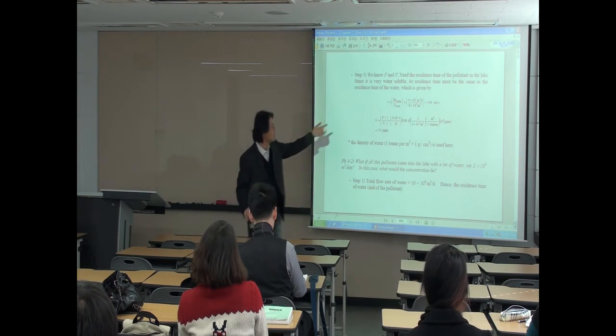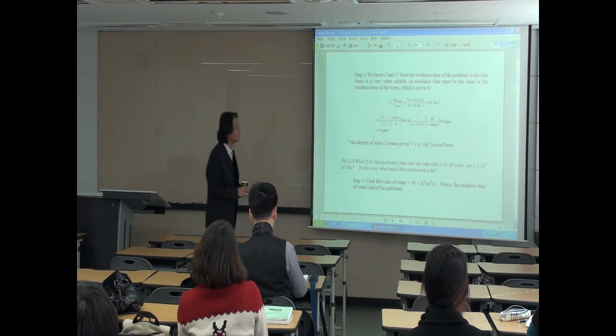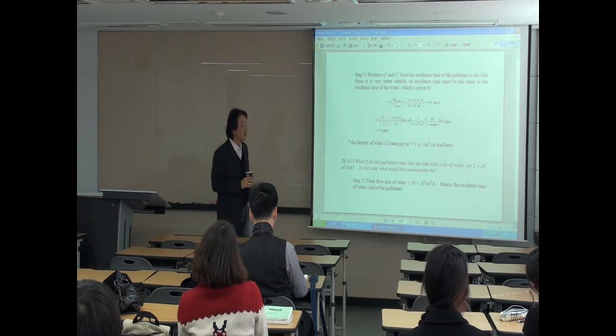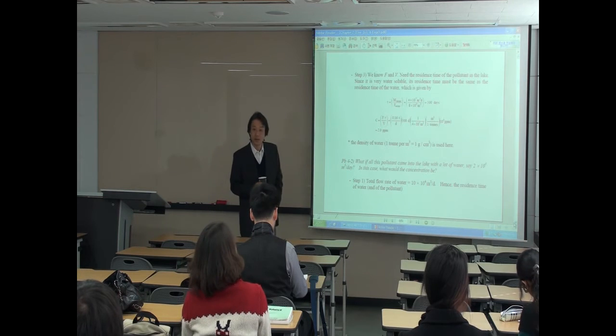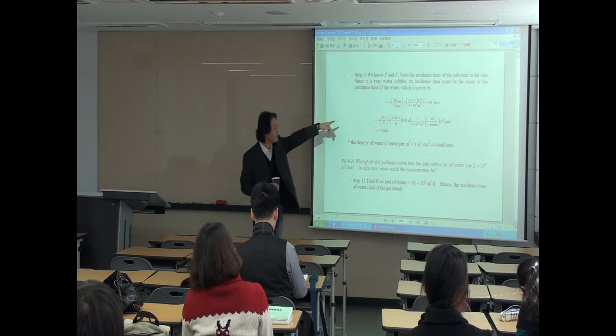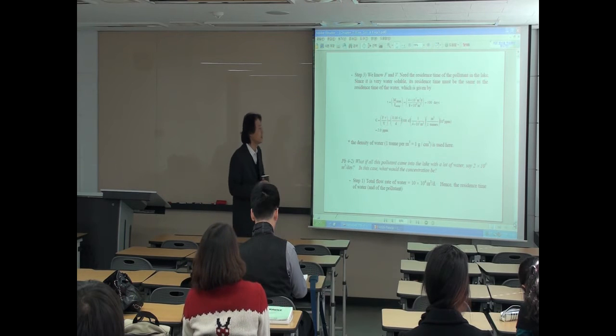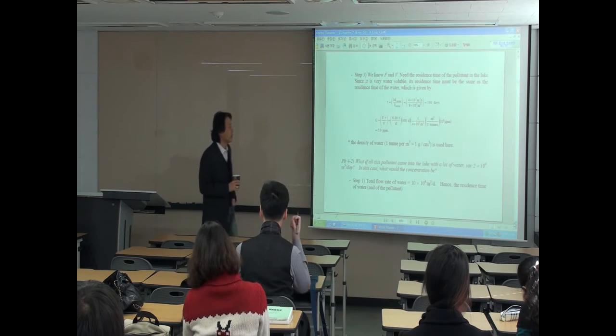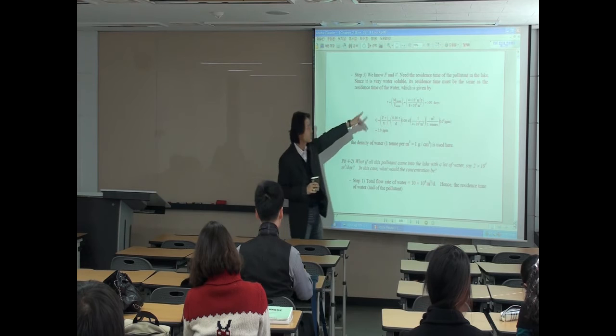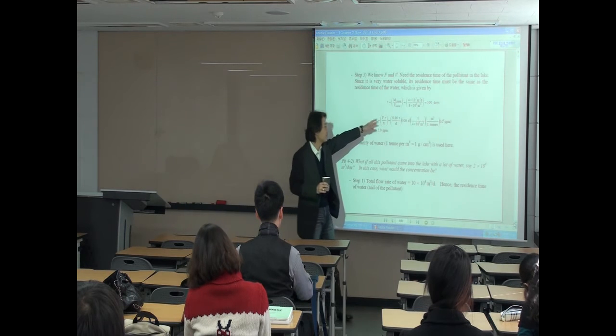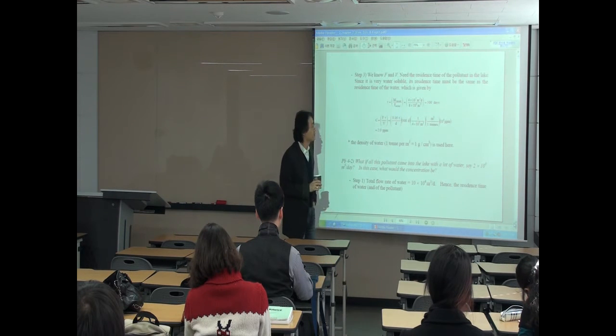Right. Well, this is a little bit silly. The residence time of the water equals the residence time of the contaminants. So the residence time can be calculated as stock divided by flow rate, and we just put in the values from the given condition, and you get 500 days.